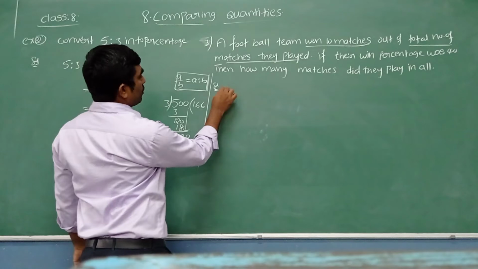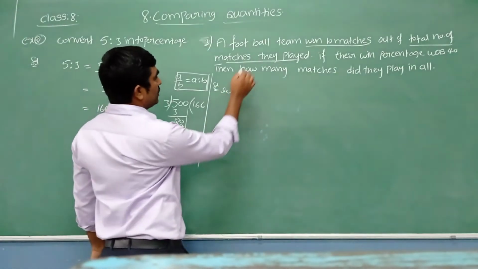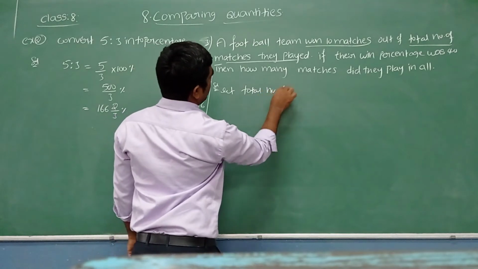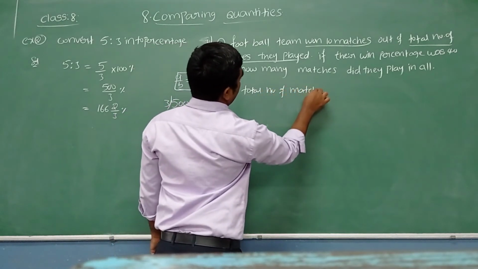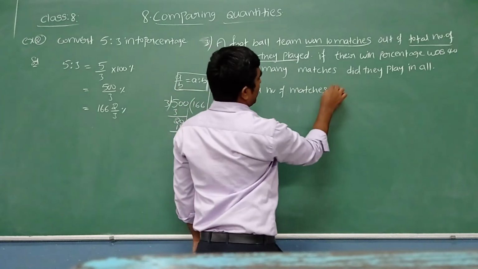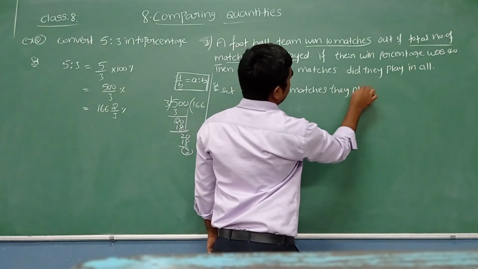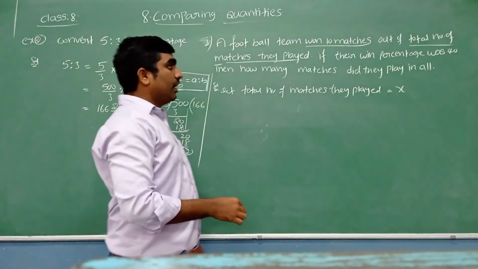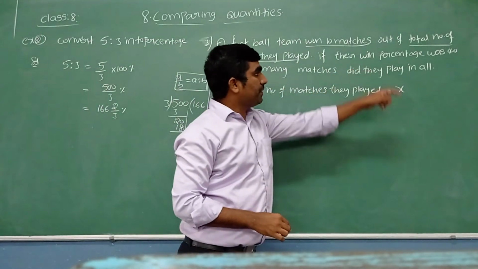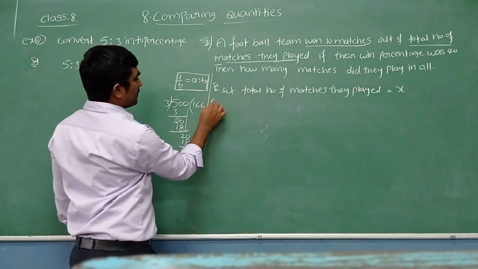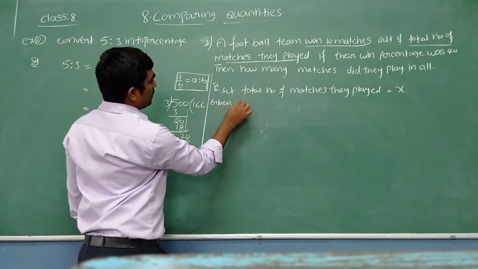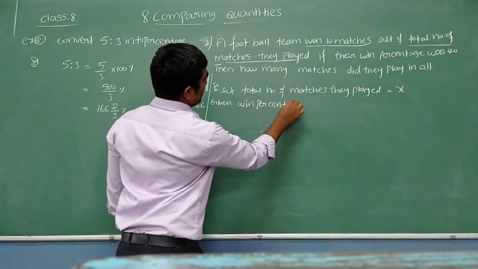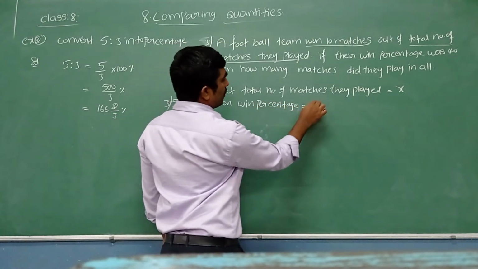So let us take that unknown value with the help of a variable. Let the total number of matches they played be x, the unknown value. The given win percentage is 40%.